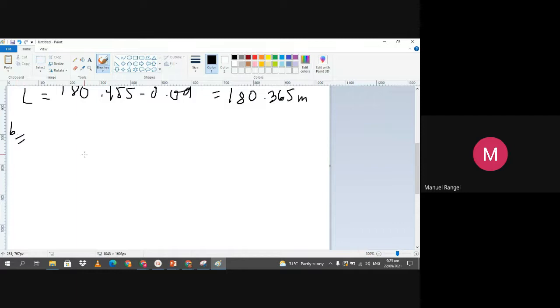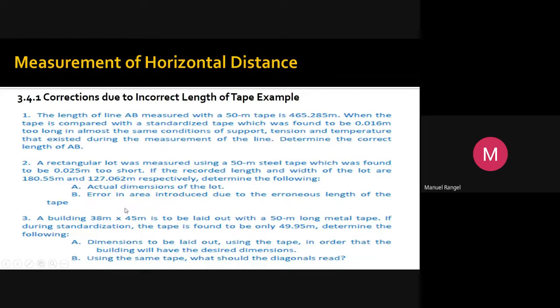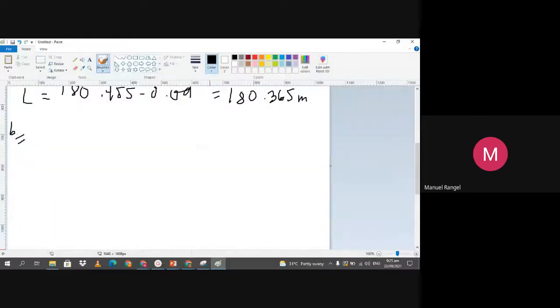Then for letter B, determine the error in area introduced due to the erroneous length of the tape. So for the area of a rectangle, it is length times width.